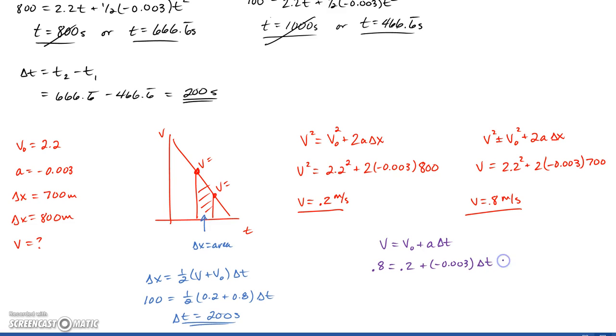Solve for my time, and if you do that math, you get 200 seconds. So all of these answers gave the exact same answer of 200 seconds. They all totally agree.